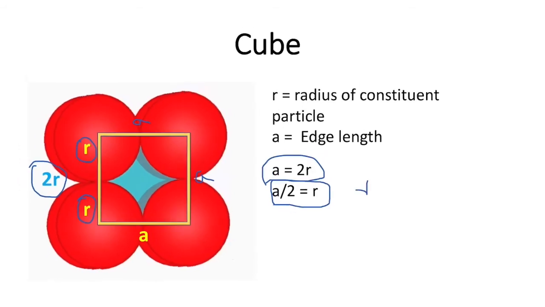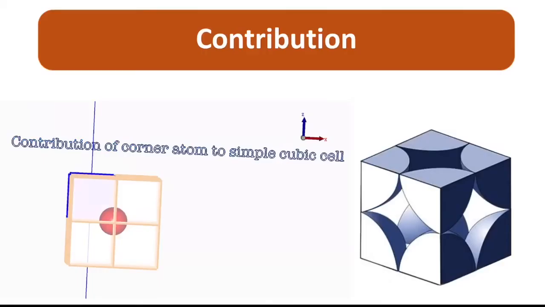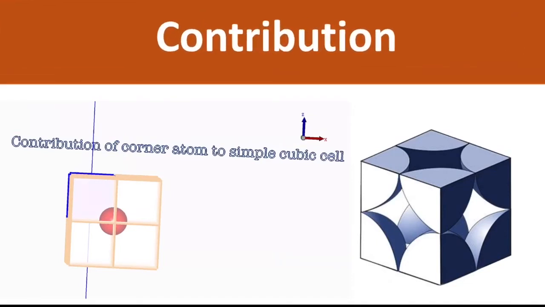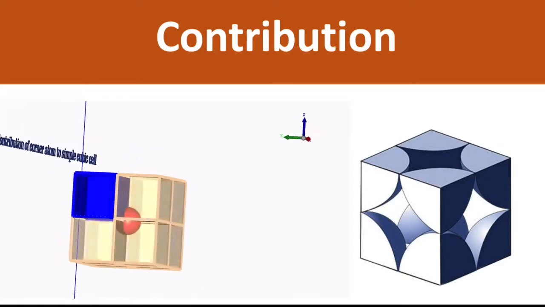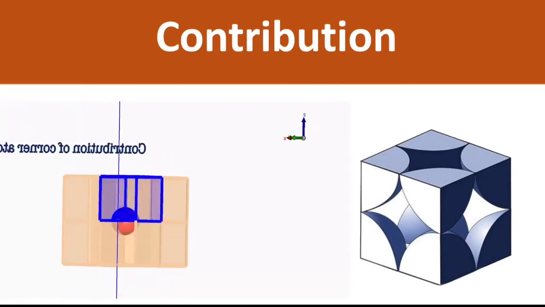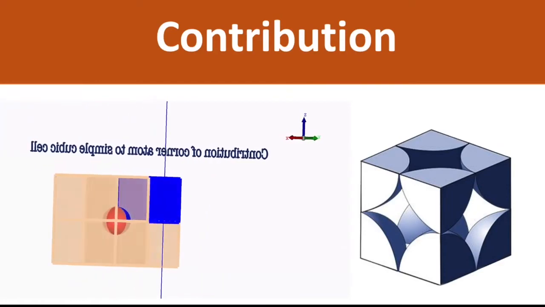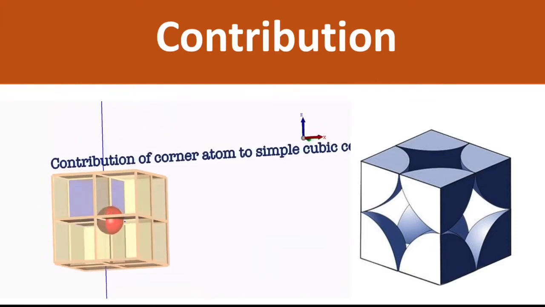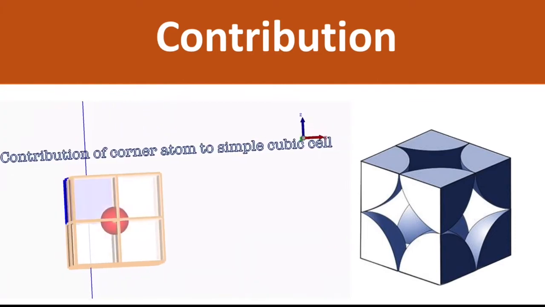Remember this. Now let's check the contribution of that one atom which is assumed to be present at the corner of a cube. So what would be the contribution right now? As you can see in the 3D animation, you can see a blue box in which a constituent particle is there. Now you can see that the eighth part of the particle is present in one cube.